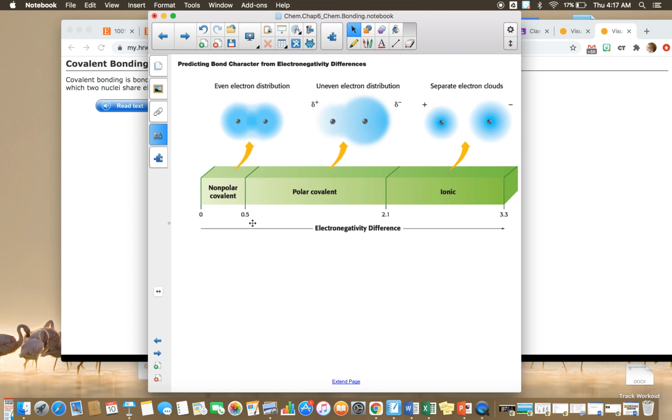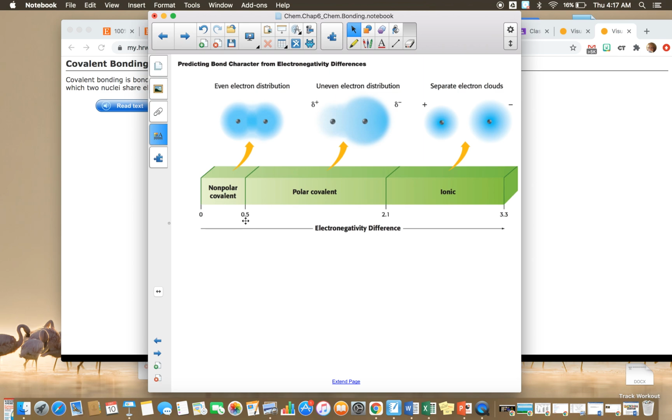If it's between 0.5 and 2.1, then it's going to be polar covalent, where the electron is still being shared, but it's an unequal sharing, and as a result, you get a dipole, where the electron hangs out with one atom more versus the other, thus causing a slightly negative charge and a slightly positive charge. And then if it's anything 2.1 and above, then it is ionic.